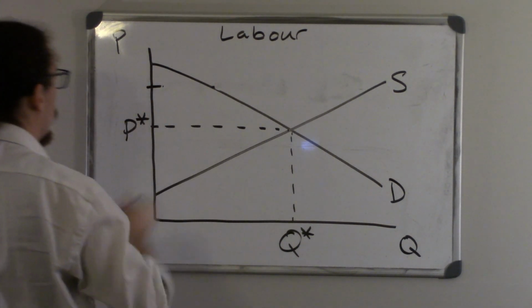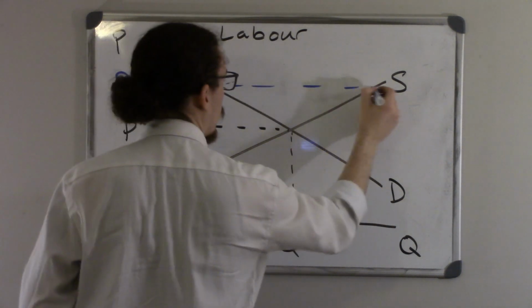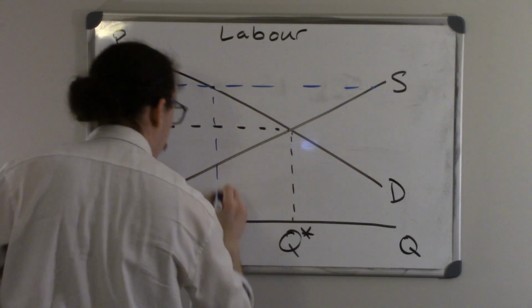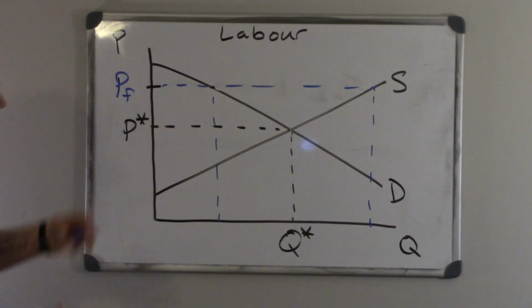So here is our price floor. So this helps us see why a binding price floor is above the equilibrium price.